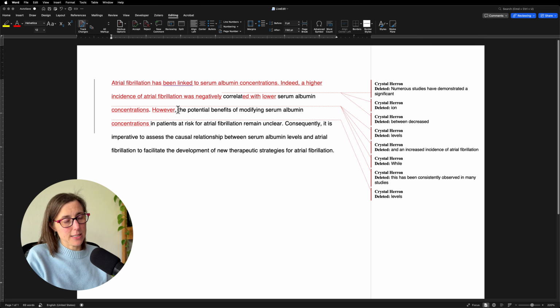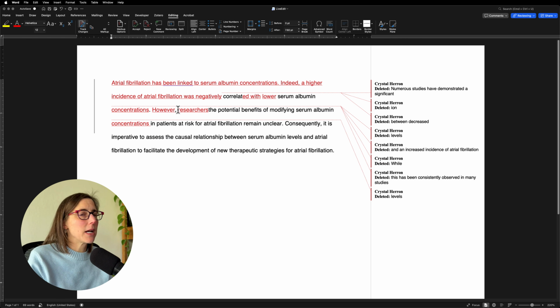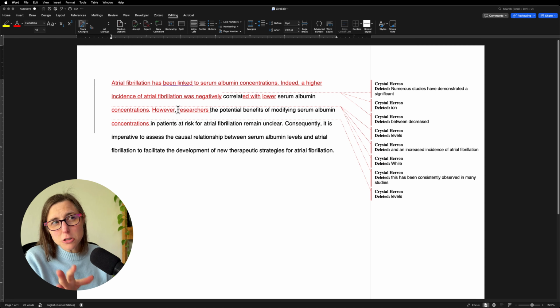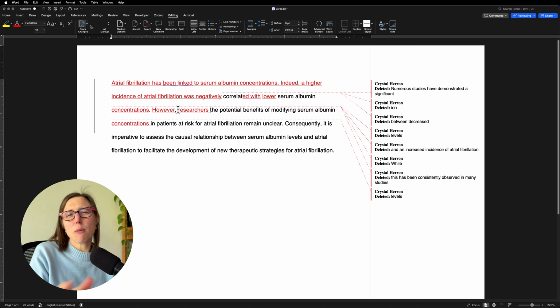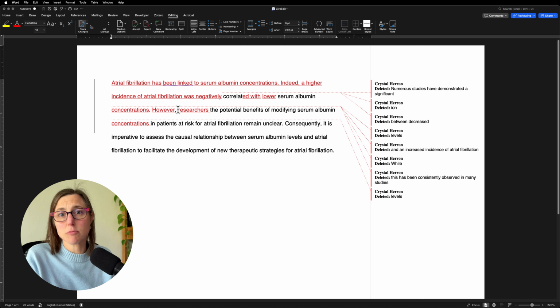I'm going to say researchers, but it could be clinicians, it could be policymakers. It depends on what particular group you are referring to. I'm going to go with researchers without having looked at what the studies are, and just know that may not be the best subject depending on what you're discussing in the text.